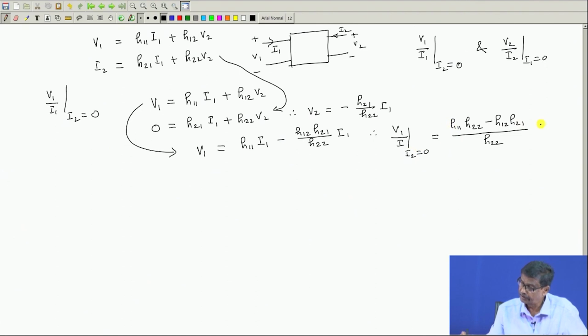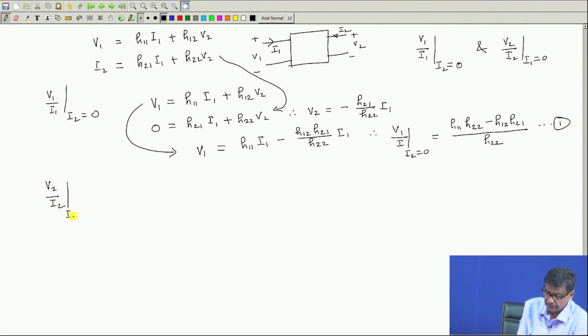I will call this equation 1. Similarly, I will now calculate V2 by I2 with the condition I1 equal to 0, that is primary side, that is input side is open circuited. So, that I1 is 0, you excite it with a voltage V2 and record these quantities.